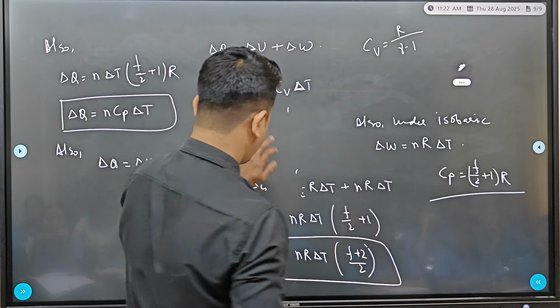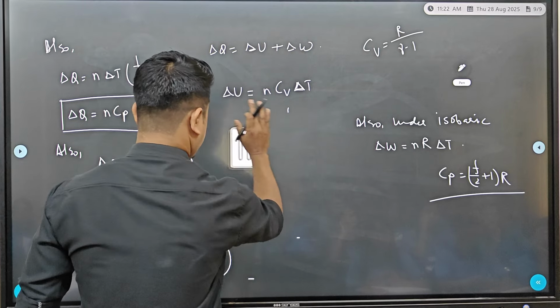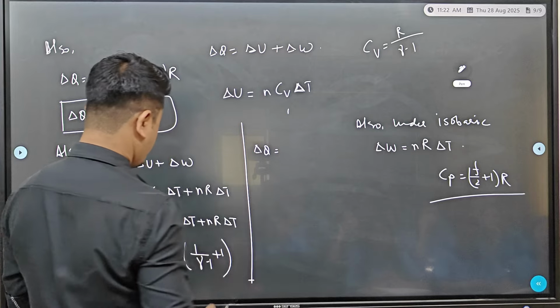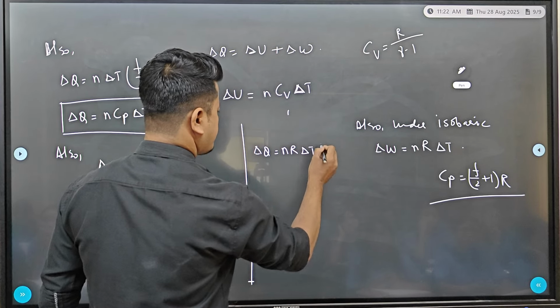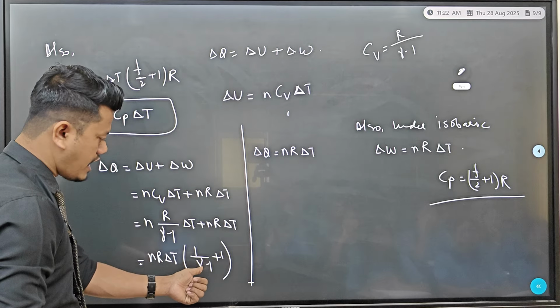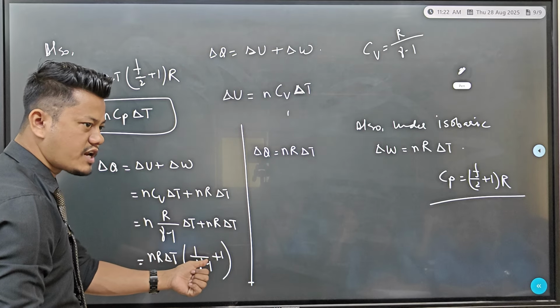Over, na? Okay, so what I'll be getting here ultimately, del Q equal to n R del T. If I take this gamma minus 1 here, I'll be getting the LCM as gamma minus 1 only. 1 plus gamma minus 1, the 1 gets cancelled out or not?